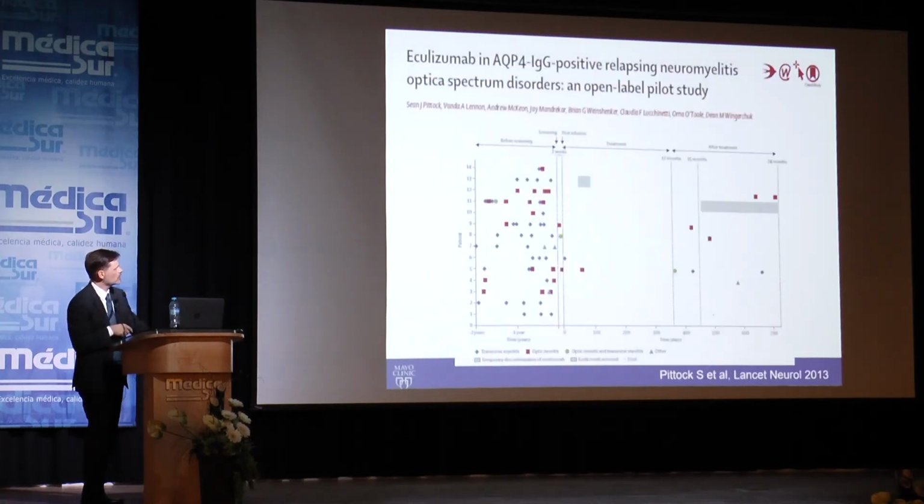Some of the exciting ones: eculizumab, I would say, is one of the most interesting because this is a monoclonal antibody that targets complement. It interferes with the development of the complement cascade. If you remember, when that starts, it builds up this thing called the membrane attack complex, or MAC, that kills cells. So if you interfere with that process, this is truly neuroprotective.